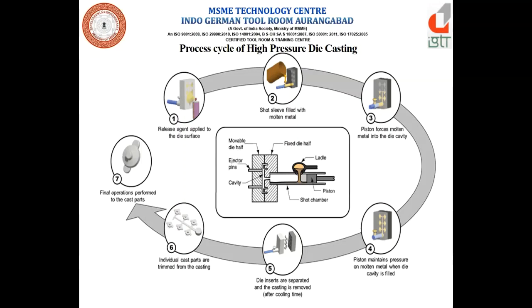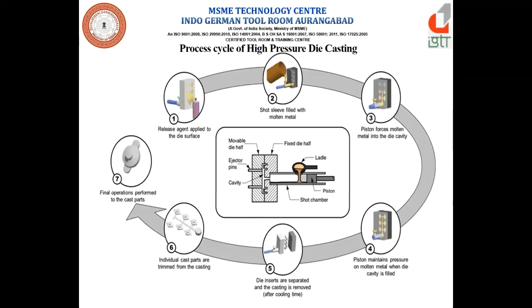The die halves can be unclamped, and an ejection mechanism pushes the solidified casting out of the die. There is an ejection mechanism available on our die casting machine, and that starts the ejection process. And then the trimming cycle starts.